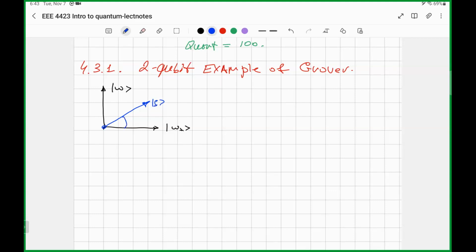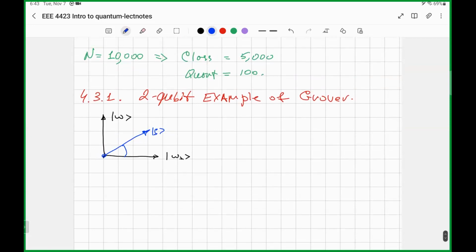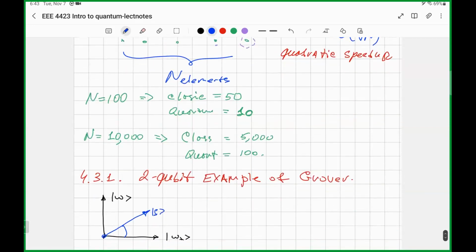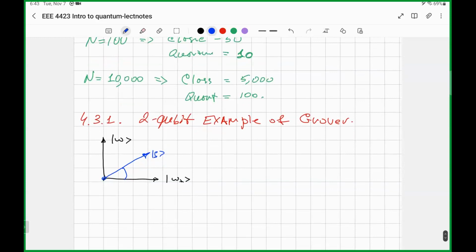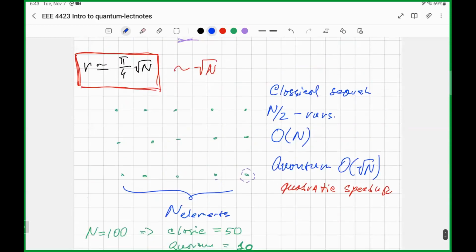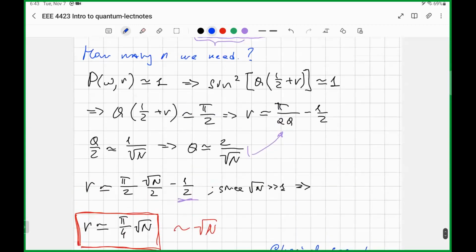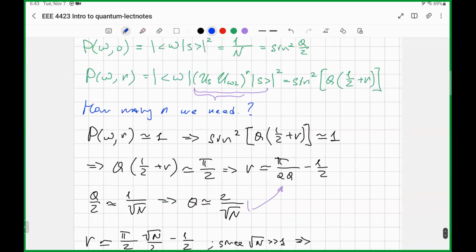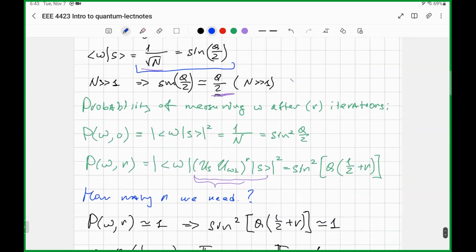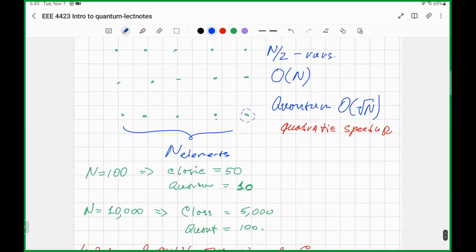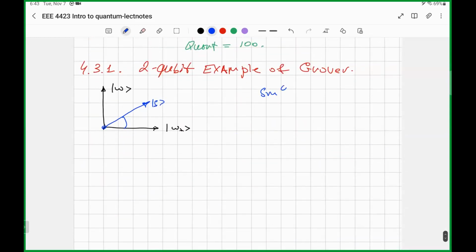Let's find this theta, the theta over 2, from this factor over here. Sine theta over 2 is equal to 1 over square root of n.